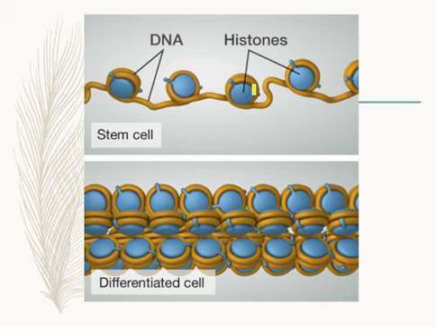We don't actually see the acetyl groups here, but we can see that the histones and the DNA are quite spread out, so the DNA is loosely packed. So RNA polymerase can access and can transcribe any of the genes. In a differentiated cell, clearly there's not been very much acetylation, or the acetyl groups have been removed, and so there's really tight packing, and RNA polymerase cannot access.